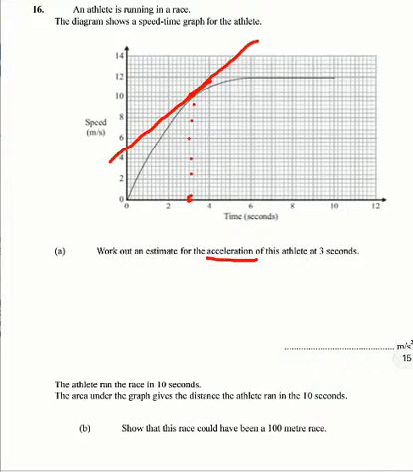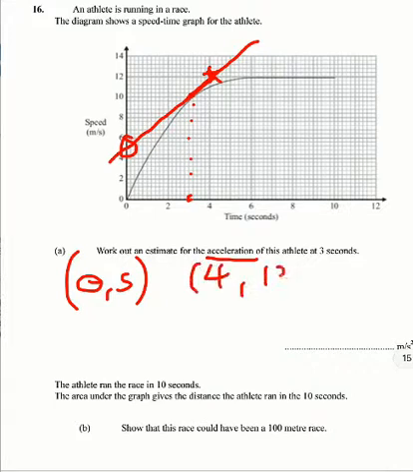So I can see here that that coordinate would be 0, 5, and also this point here is the coordinate 4, 12. And we're going to use these 2 coordinates to find the gradient, which is simply the change in y divided by the change in x.